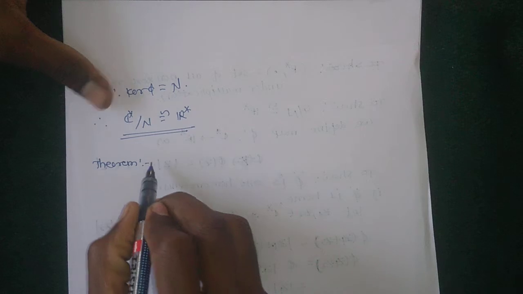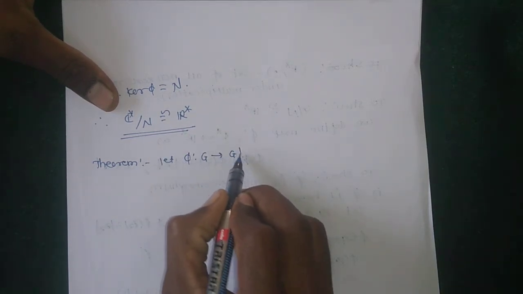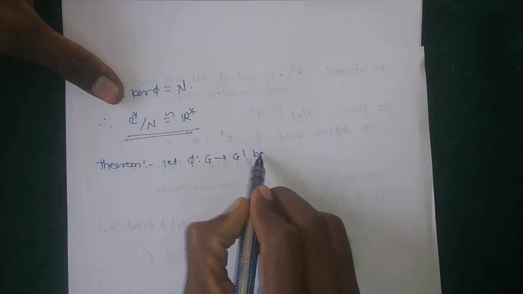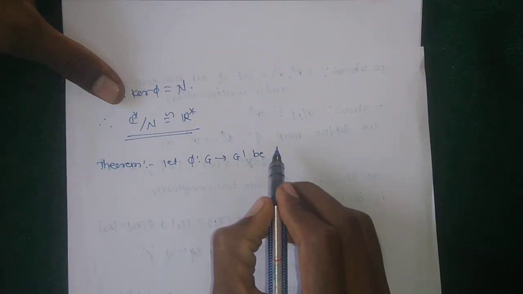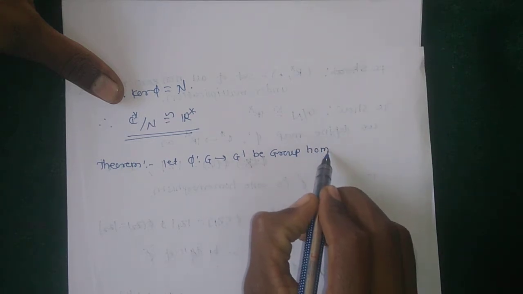Theorem: let phi from G to G dash be a group homomorphism.